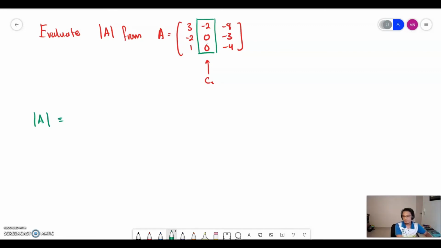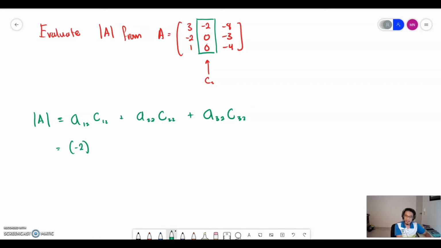I choose the second column, so I will have A12 C12 plus A22 C22 plus A32 C32. What is A12? A12 is negative 2.